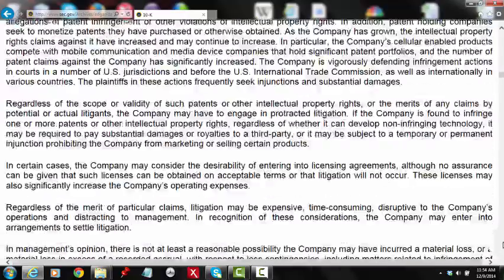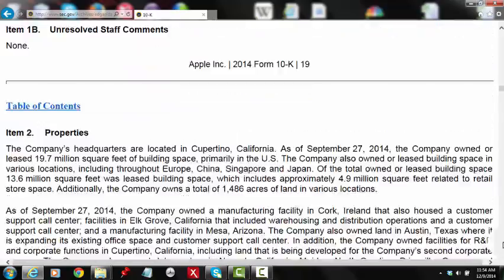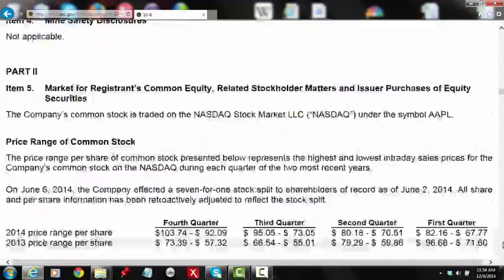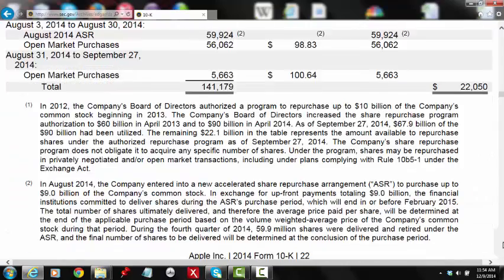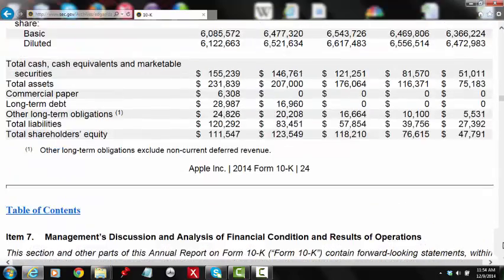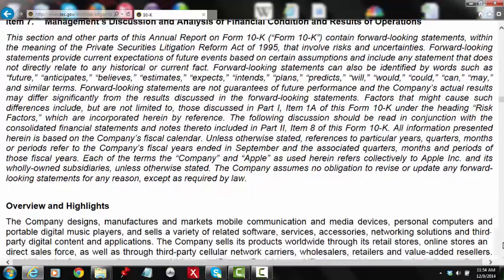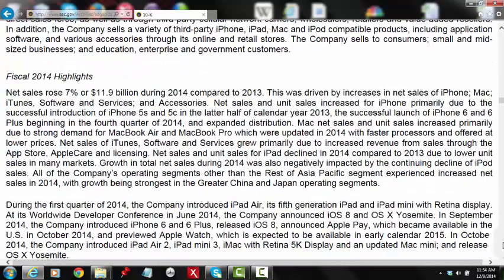So if we keep going down, there is a section called management's discussion and analysis of financial conditions. So here, if you look at that, it basically gives you a simple breakup, like, the fiscal 2014 is basically the year ending.